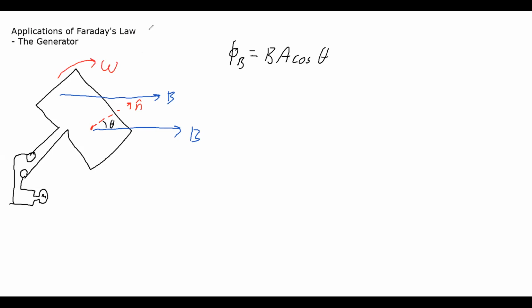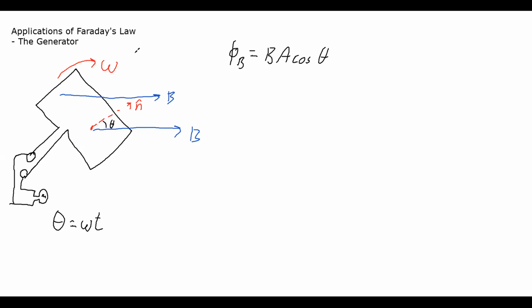Okay, I start to rotate this, then as I rotate it, that angle is going to be changing. And it's going to be changing according to this angular velocity. So the change in that angle, theta, your angular position, would depend on the angular speed times the time.